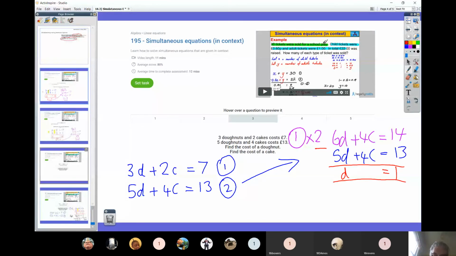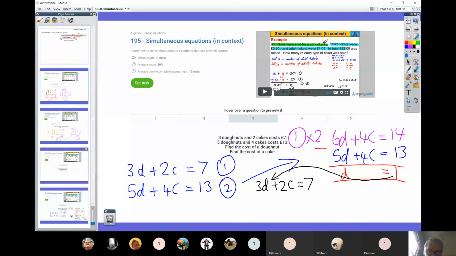Now, as always, my final step to work out the other variable, on this occasion C, is to take either of the equations I started with. So I'm going to take the top one. I know that 3 donuts plus 2 cakes equals 7, but I've just worked out that D is 1. So I can replace that D with 1.